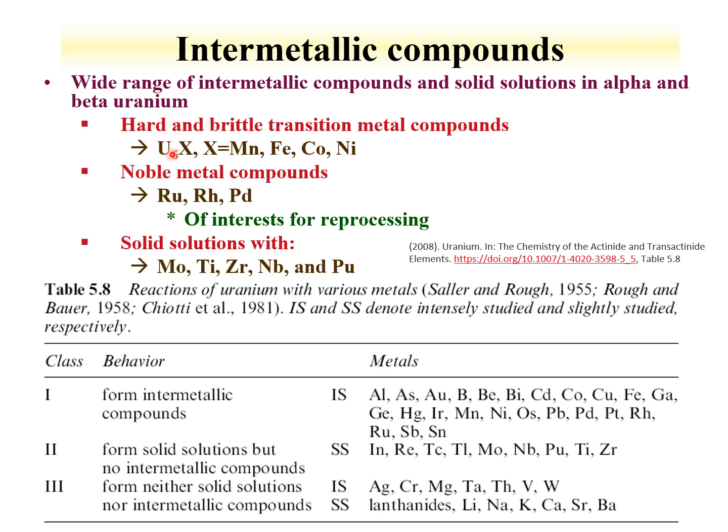So for instance, uranium with manganese, iron, cobalt, nickel, that composition in stainless steel, can form a U6X compound. So that intermetallic has specific stoichiometries, and these compounds will form.